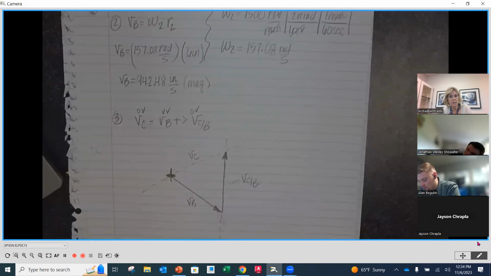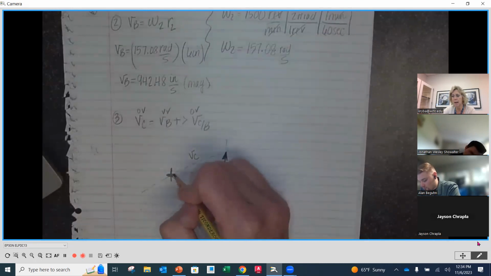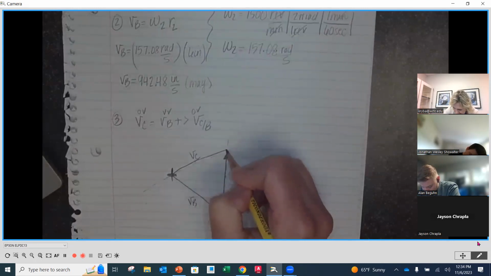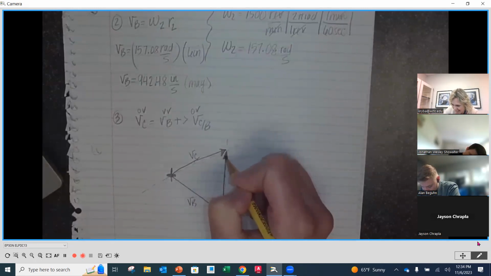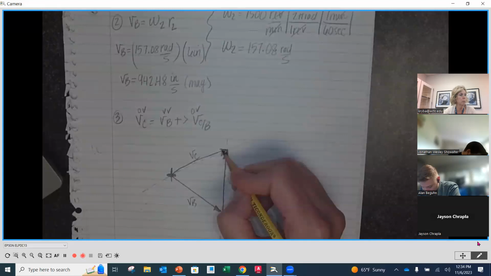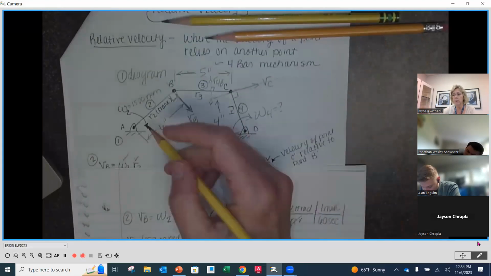Now, velocity of C. Velocity of C, I cross over that equal sign. That means my tail is going to start at the origin, and its tip is going to go to the end of the right-hand side of the equation. So its tip is going to go to the right, which makes sense as we look at the direction of the way this is going.